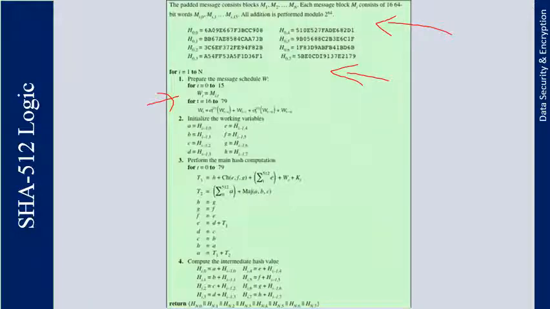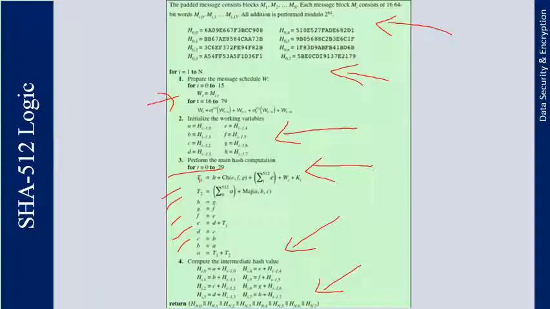And then the algorithm initializes the working variables named from a to h, and following that the main hash function is applied with the 80 rounds from T0 to T79, and then a number of transpositions and substitutions are performed using each value, and finally the algorithm computes the intermediate hash values and returns the final hash value.